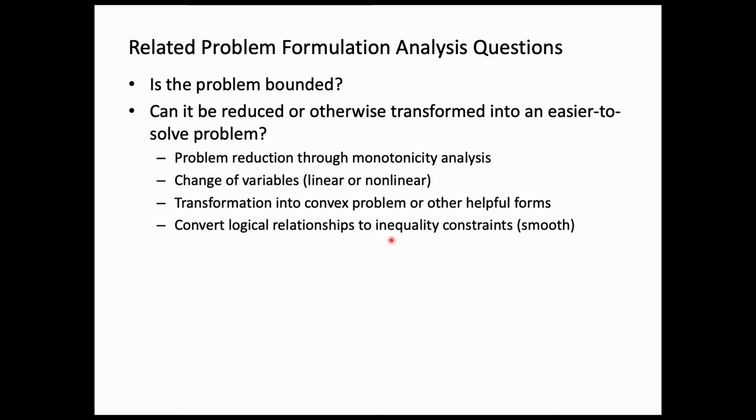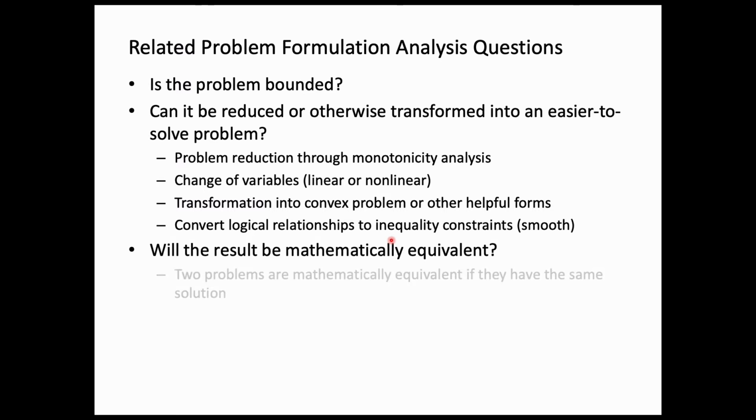So if we can perform this conversion, then it's possible to produce a smooth problem that then is more easily solved using gradient-based methods that tend to be very efficient. We mentioned this concept just a moment ago. Will the result be mathematically equivalent? If we perform a transformation like this, two problems are mathematically equivalent if they have the same solution.